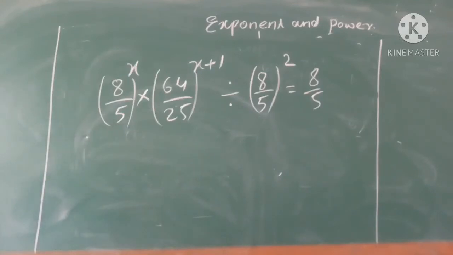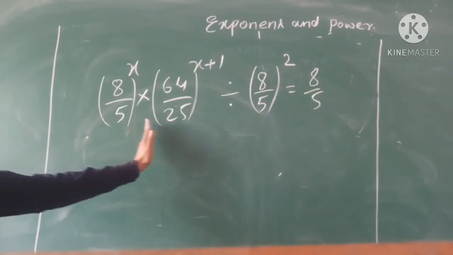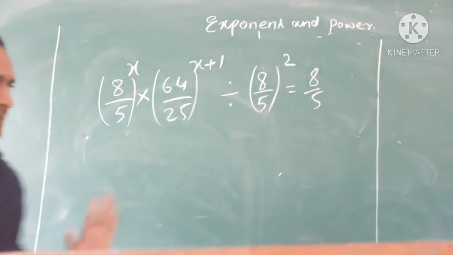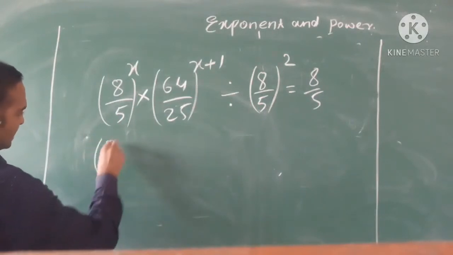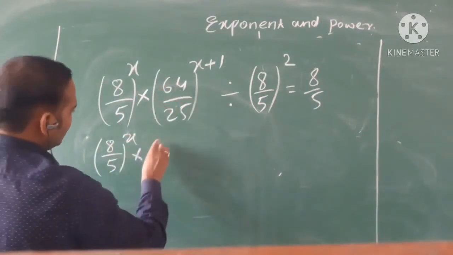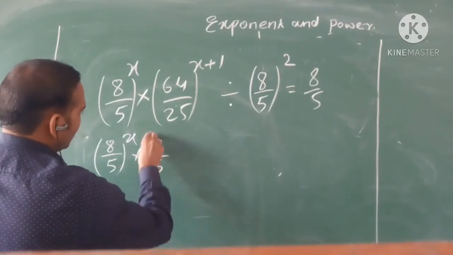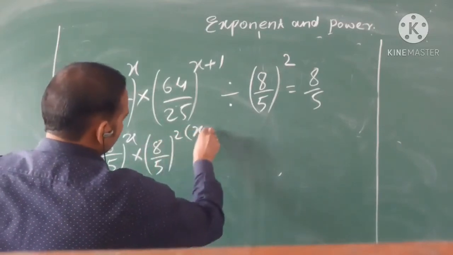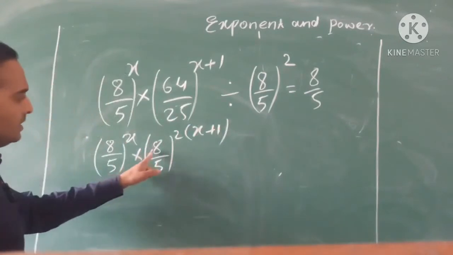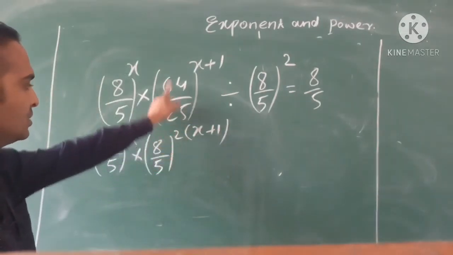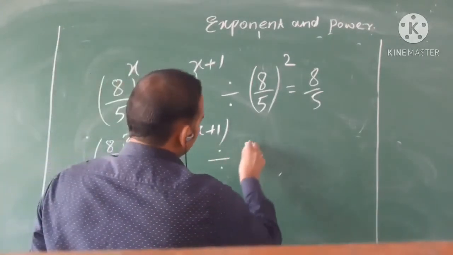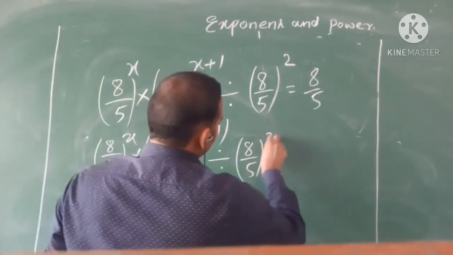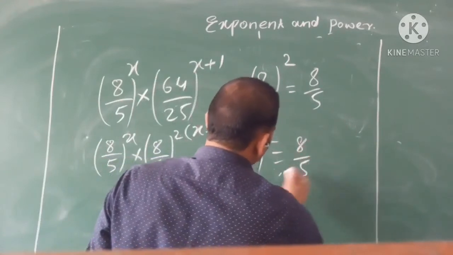How to solve it? First of all, we will make the bases equal in each case. That is 8 by 5 to the power x into this one, 8 by 5 squared to the power x plus 1, 8 squared is 64, 5 squared is 25, and this one divided by 8 by 5 to the power 2, equal to 8 by 5.